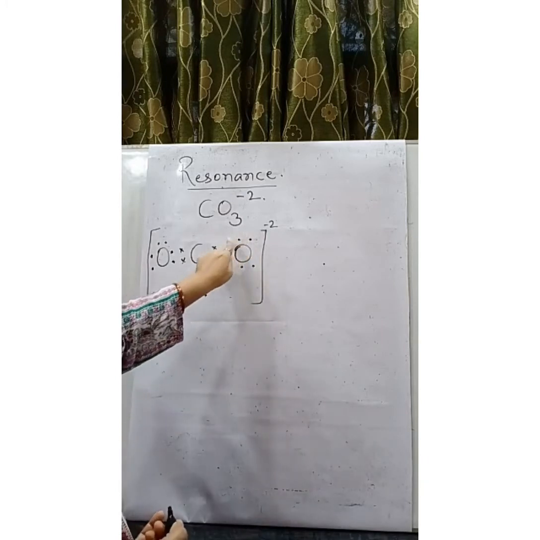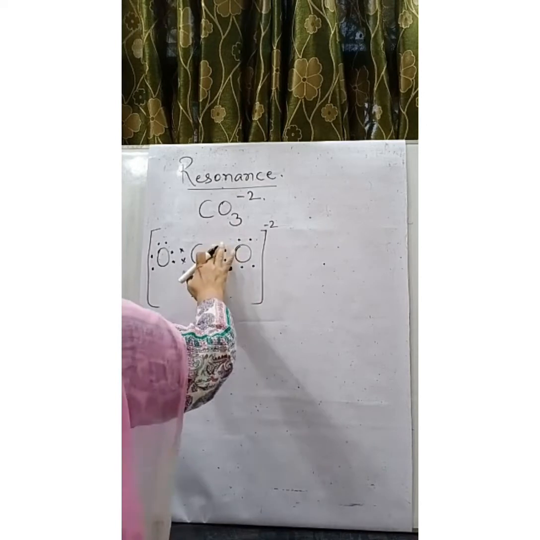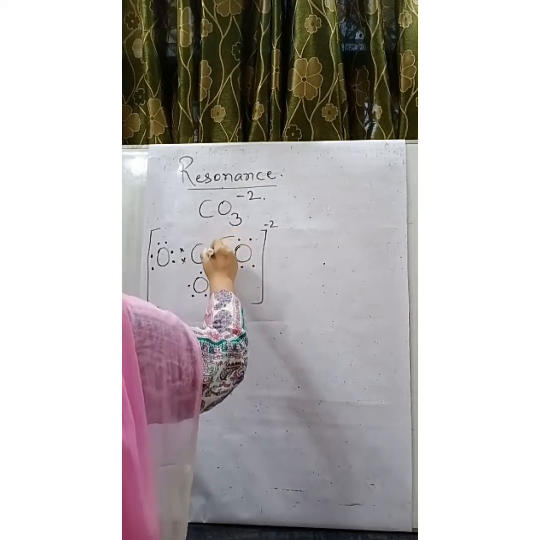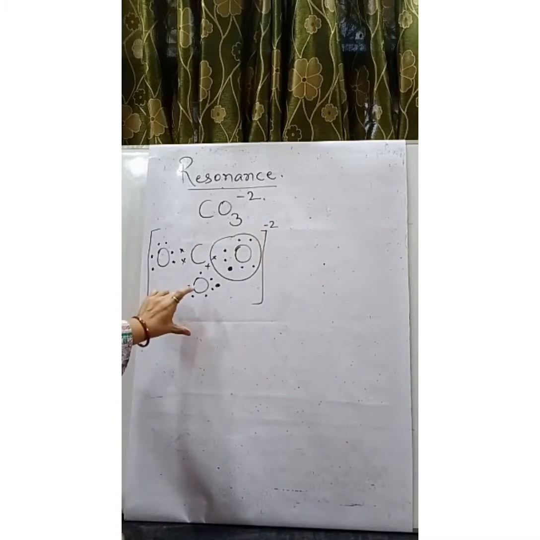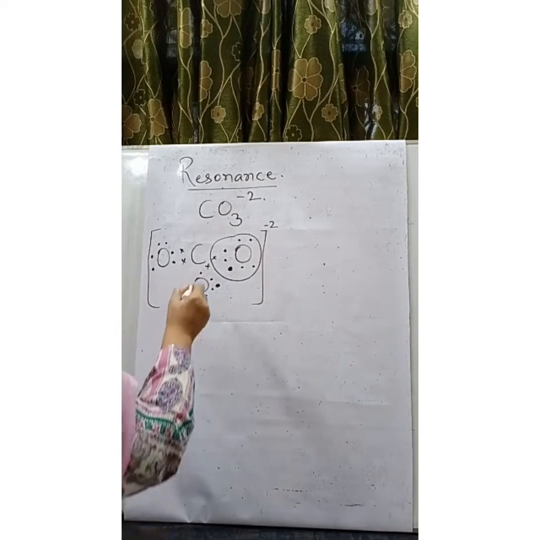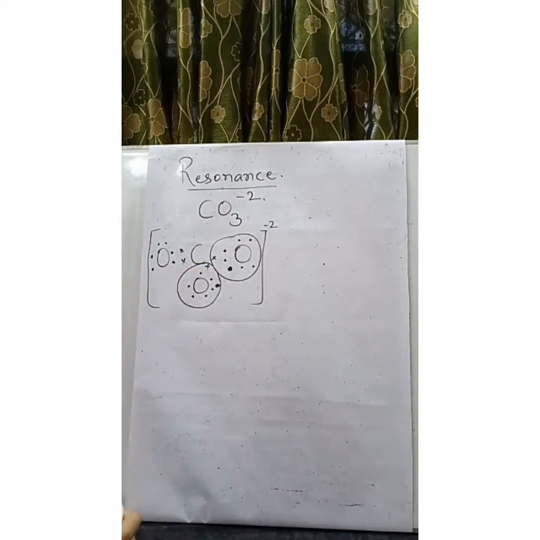Now this oxygen is having 7 electrons and it wants one more to become stable. So it takes this one electron from carbon and becomes stable. Similarly, this oxygen is also having 7 and wants 1 from the carbon to become stable. So it takes 1 from the carbon and becomes stable.